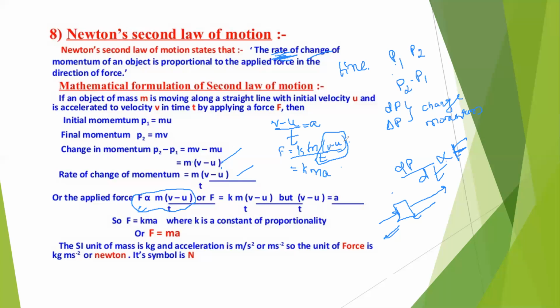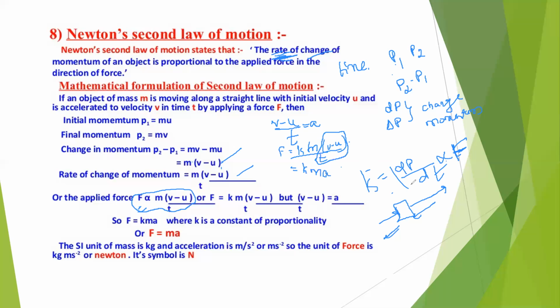As I told you, this k is the proportionality constant. We take the value of k equal to 1. Therefore, it becomes F is equal to m into a. This is Newton's second law: F is equal to ma. Now, what is the SI unit of this force?